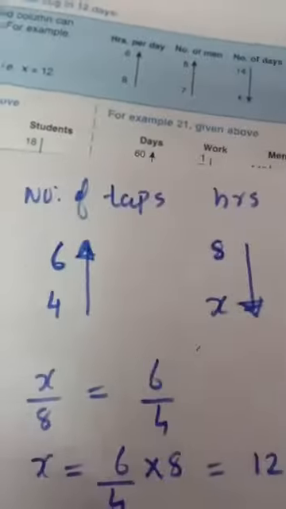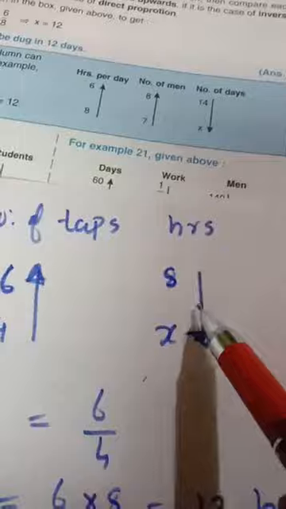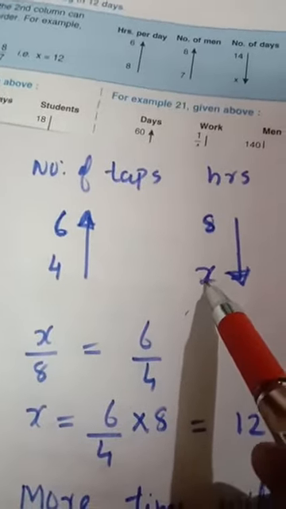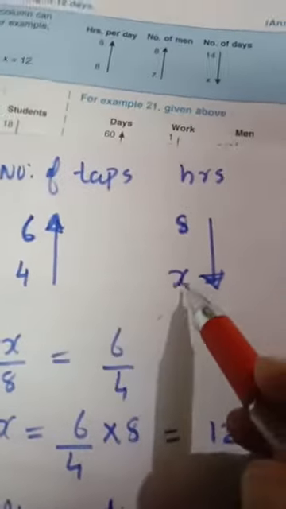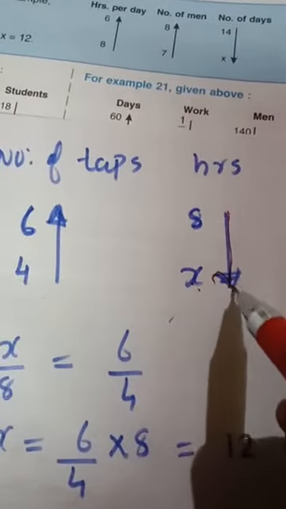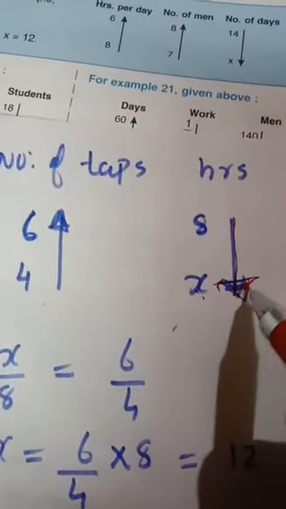In question number 3, number of taps and hours: 6 taps, 8 hours. Then 2 taps are out of order, so 6 minus 2, only 4 taps are working. So 4 taps and the number of hours is unknown, which we want to find, so x. The arrow is near x, that is a downward arrow.